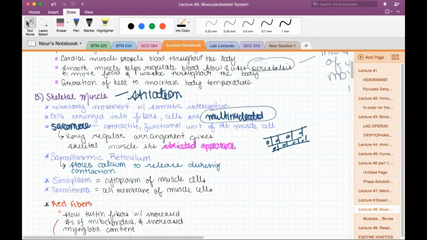If there is no movement, you know calcium is not being released, or rather that calcium is being blocked. Whenever you have those injections that inhibit muscle movement, sometimes they use calcium inhibitors to block calcium in order to stop the contraction.